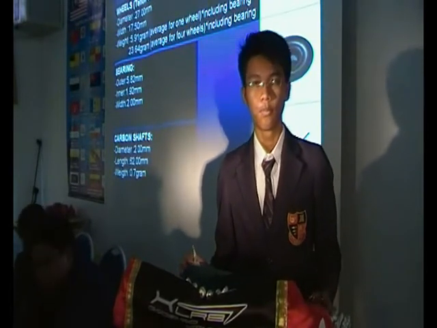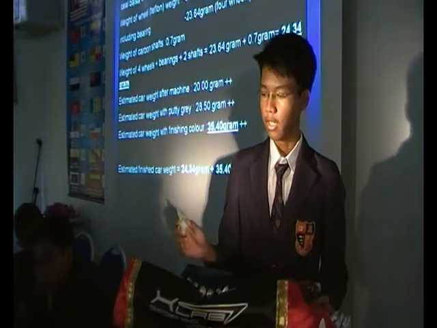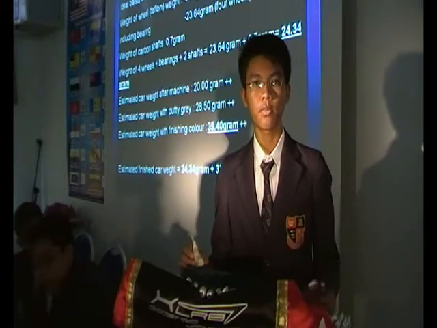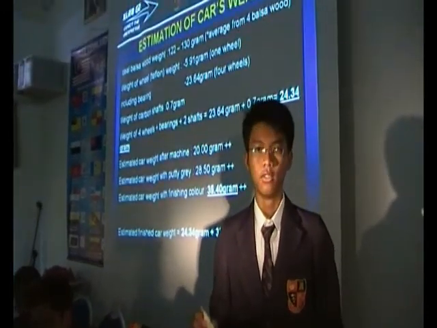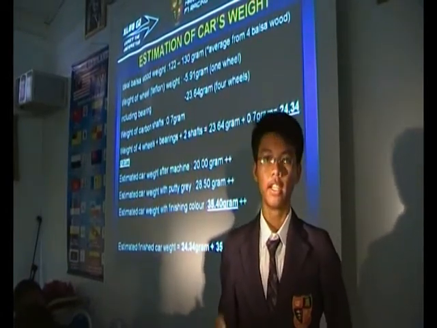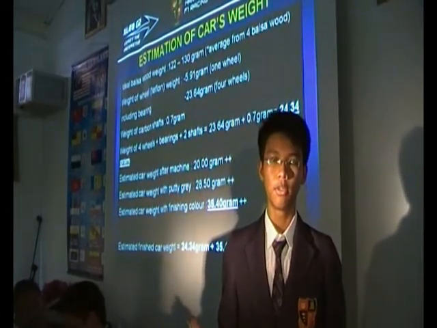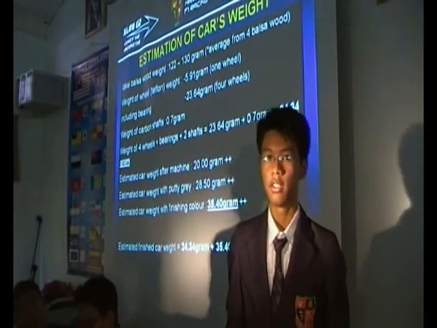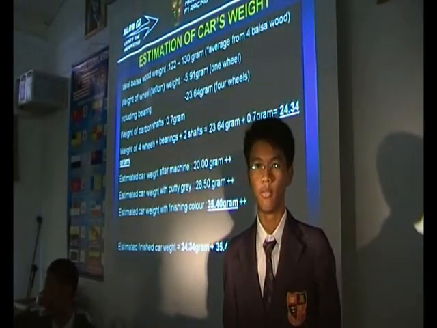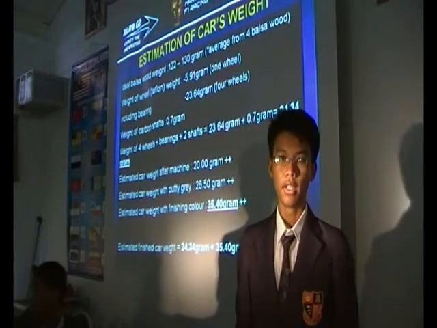Estimation of car weight is calculated from the weight of all bearings and the estimated weight of the car with finishing color. The weight is taken from last year's prototype. Next, I will pass this presentation to our resource manager to give information about our team marketing and merchandise.